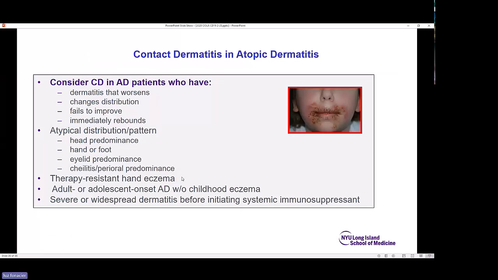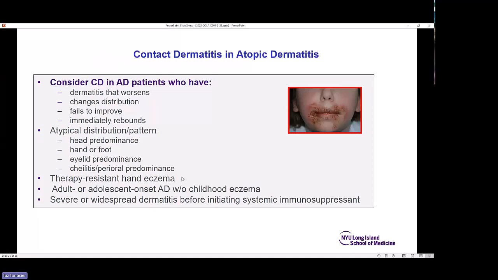In atopic dermatitis, there are certain allergens to be considered, but when do you consider contact allergy in atopic dermatitis? When your dermatitis worsens, when it changes distribution, when it fails to improve, or it improves and then immediately rebounds. But there are atypical distributions.